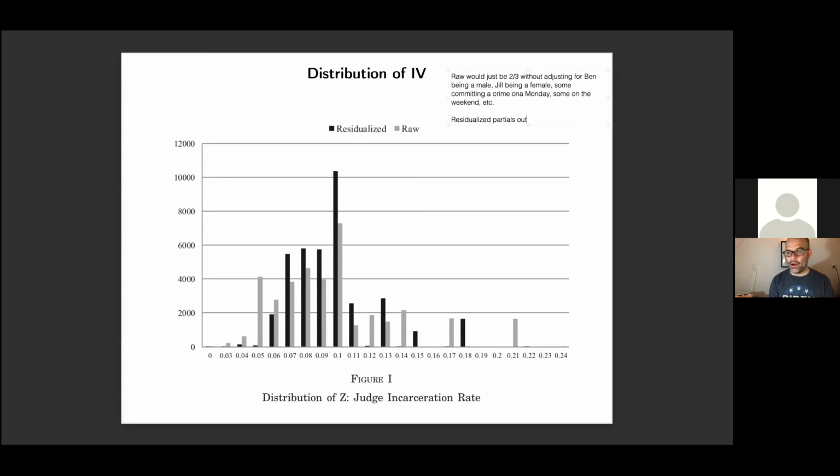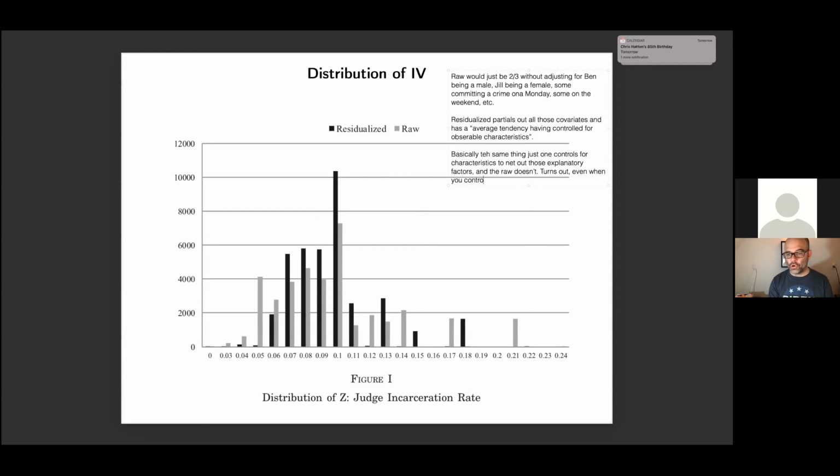Residualized partials out all those covariates and has an average tendency having controlled for observable characteristics. It's basically the same thing, just one controls for characteristics to net out those explanatory factors, and the raw doesn't.